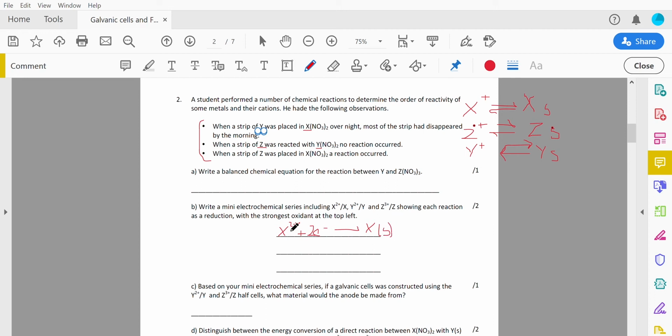Of course, you can put X aqueous in here. I just don't have the dexterity to properly write this, but we'll give it a go. There we go. That just looks like a weird QG. Okay, writing it out like that, doing it for X, doing it for Z, doing it for Y. There you go.